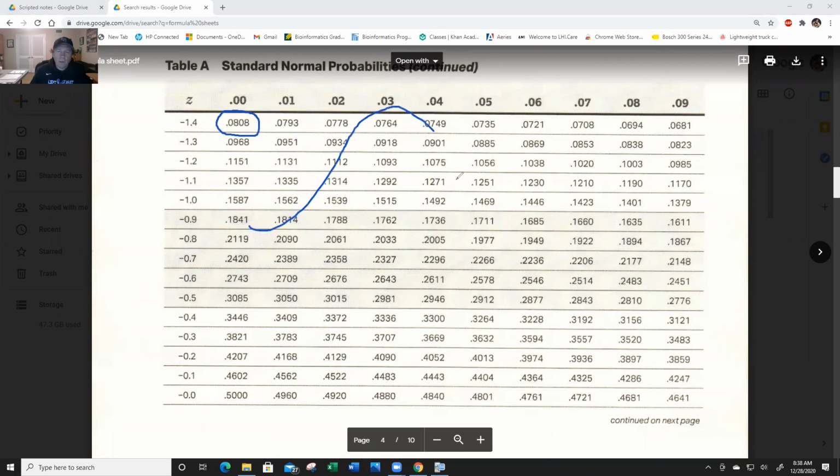Again, drawing the curve out real quick. Negative 1 standard deviation is the 16th percentile. So negative 1.4, you're even deeper in the tail. So the area below that's getting even smaller than 16%. It's about 8 or 9%. I guess 8 if you rounded that. 0.0808. Good.